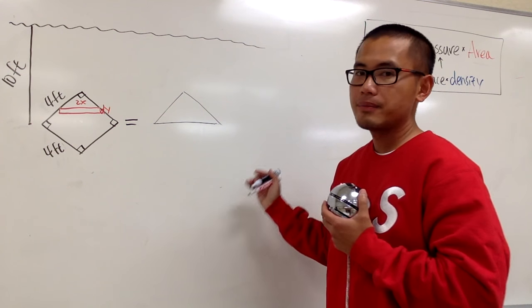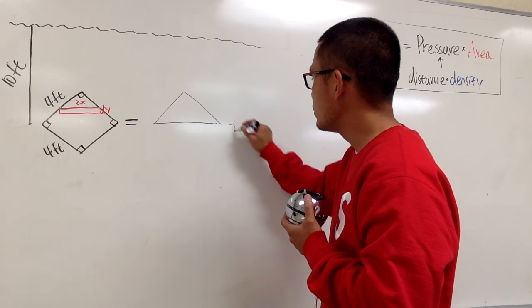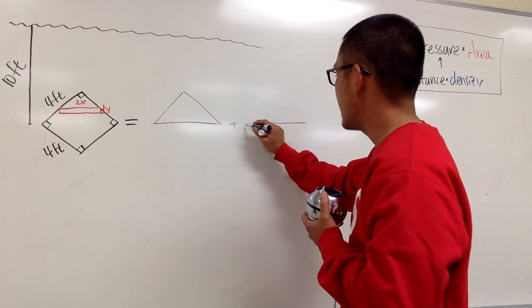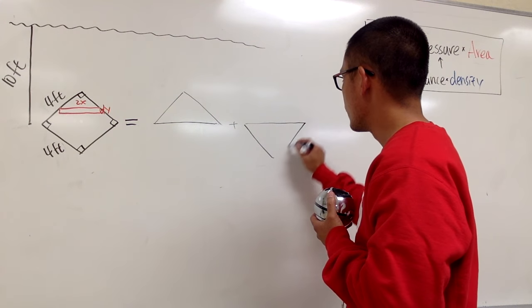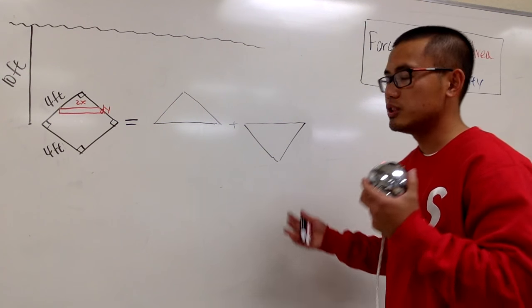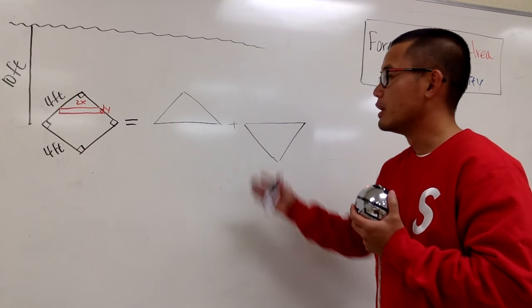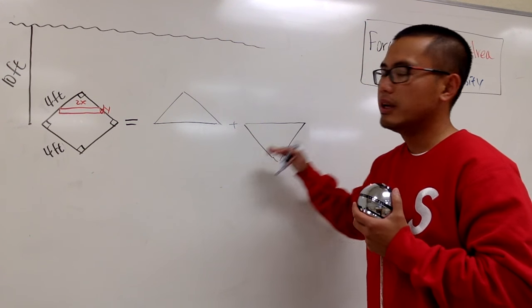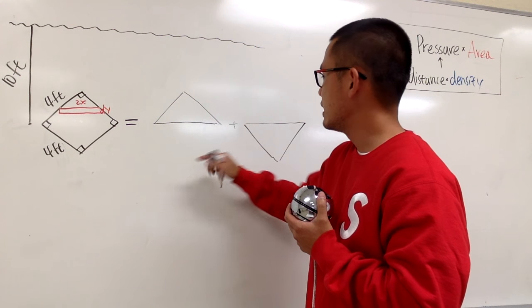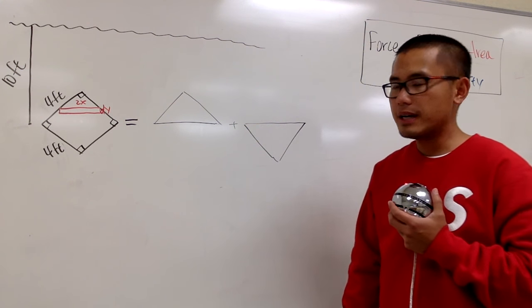It's a line, right? We are just going to find the hydrostatic force on this first, and add it together with the hydrostatic force down below with the bottom part, okay? That's the strategy of doing this problem. You must break down into the top triangle and the bottom triangle. And still, this is 4 feet, and this is 4 feet, all right?